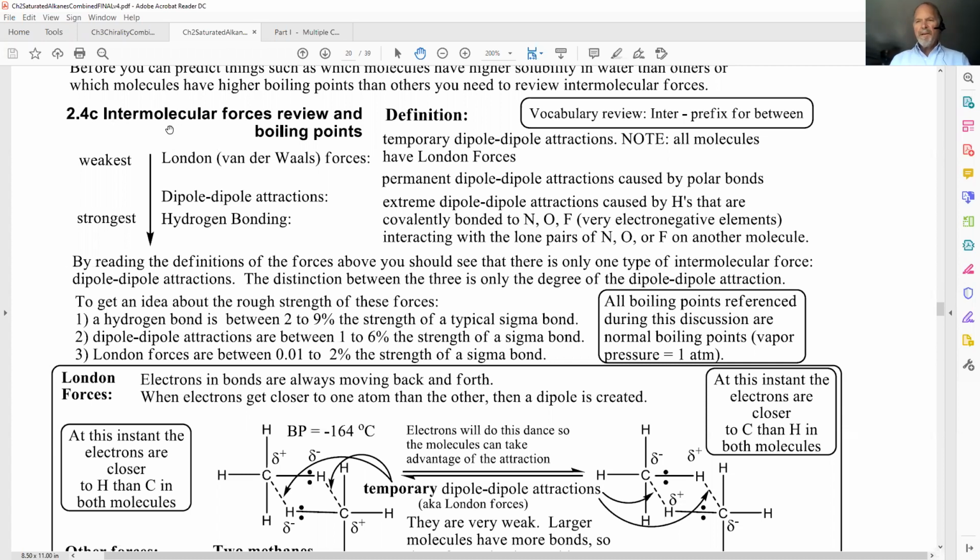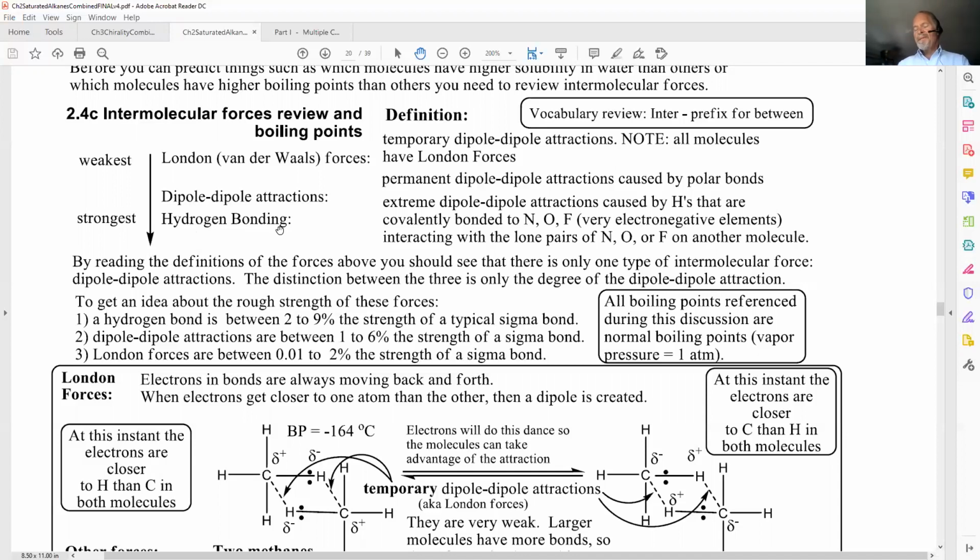These are not to be confused with bonds, which brings up the worst mistake ever in naming something right here. Right after the teacher says you're not to confuse intermolecular forces with bonds, some people named one of the intermolecular forces with the word bond in it.